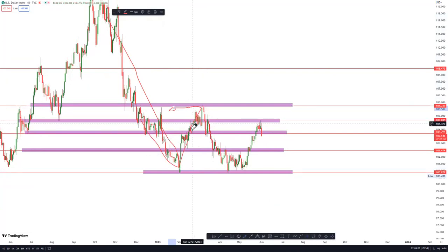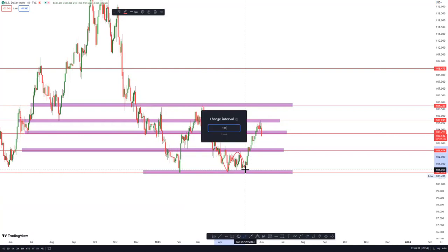But price couldn't break those highs, and price came back to the downside. And then when it came to the downside, it created a structure of a double bottom here, which signifies a reversal in the market.